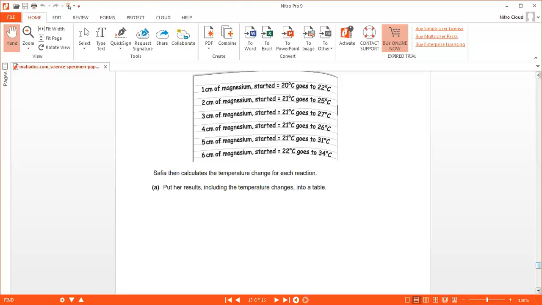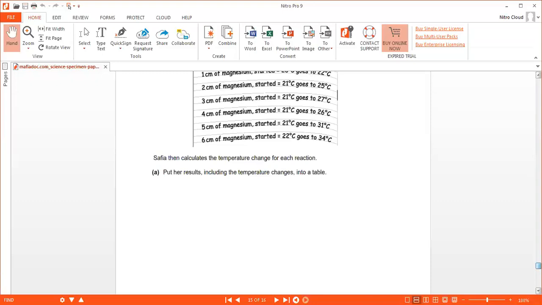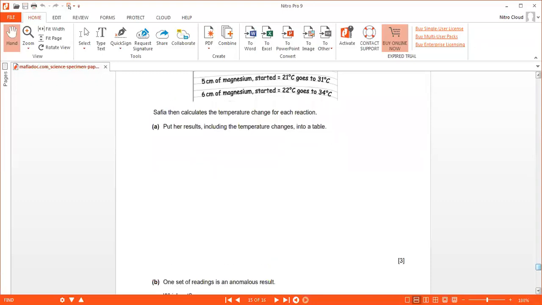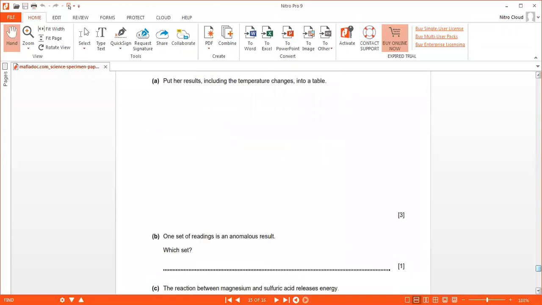Then the length of 4 centimeters, temperature before is 21, after is 26, and the change in temperature is 5. Length 5 centimeters, at the start 21, at the end 31, and the change is 10. And the last one, the length of 6 centimeters, at the start it was 22, at the end 34, and the change is 12.